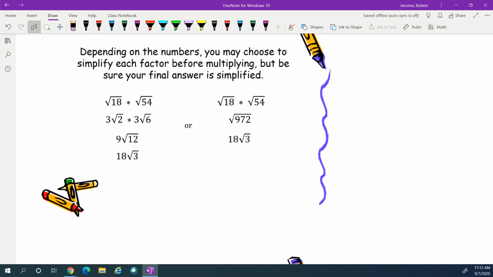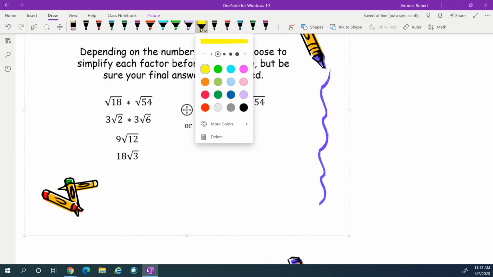If the numbers were bigger, we might choose to simplify them first. For example, in the first one, instead of multiplying 18 times 54 and getting 972, and then doing one really big factor tree, I simplified each of them, then multiplied them together. But then I had to check, because when I got my 12, I'm having issues with my laptop here, sorry.